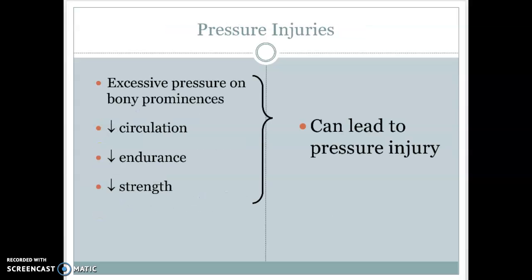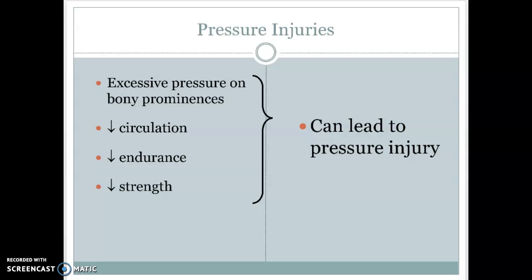As we talked about in the first recorded lecture about positioning, there are various positions that patients find themselves in where pressure on bony prominences can cause trouble with skin.